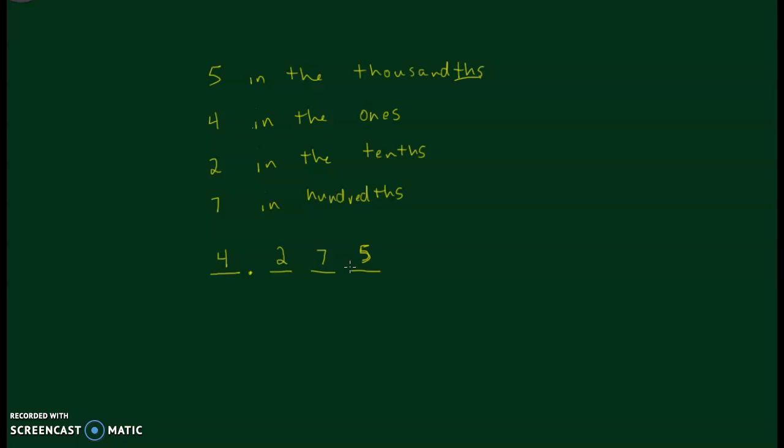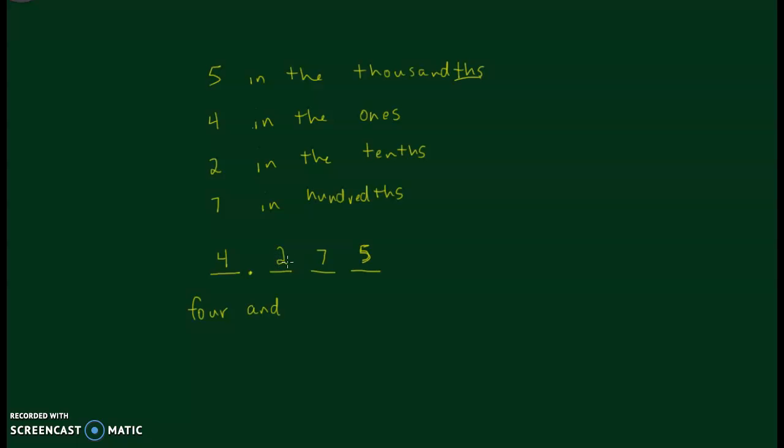Now, I need to read that correctly to someone at home. So I'm going to read it and write it as well. As a reminder, I look at the whole number first. So my whole number is 4. So I would read 4. For my decimal point, I say and when I'm reading numbers correctly mathematically. After I've said and for the decimal point, I look at the number after the decimal point.